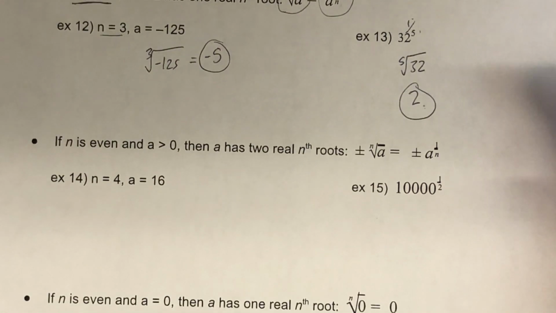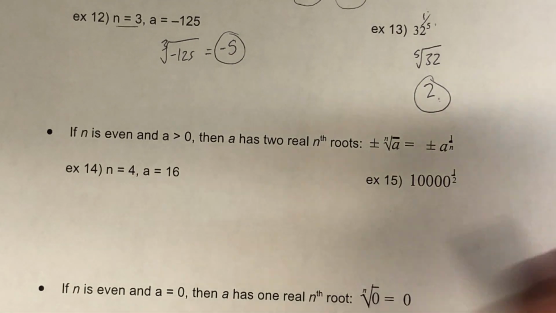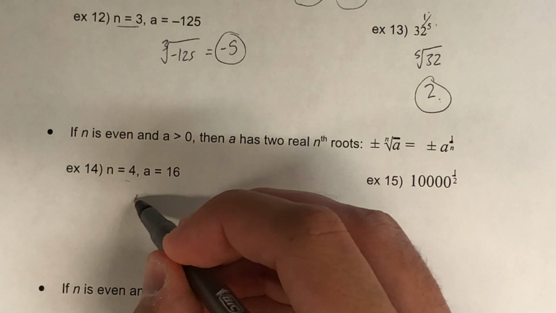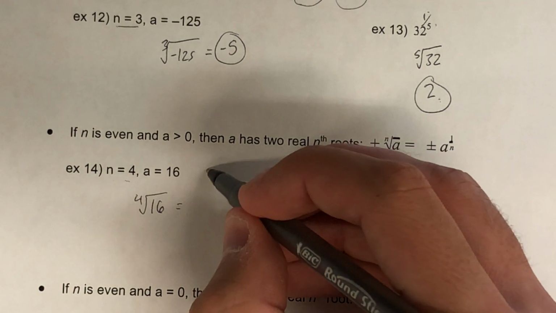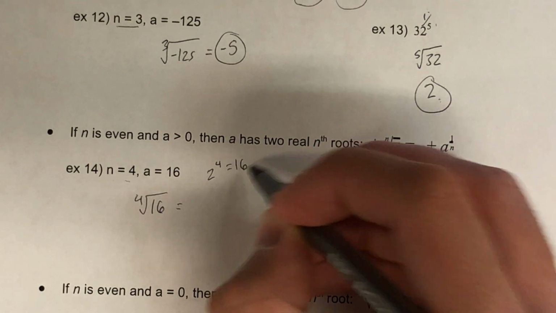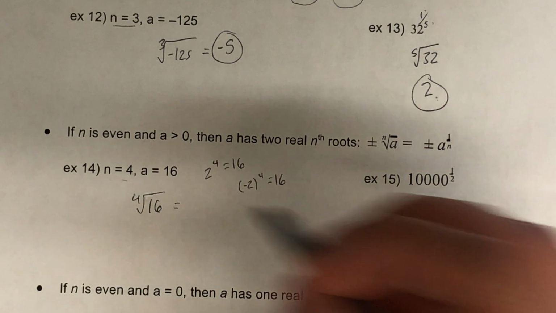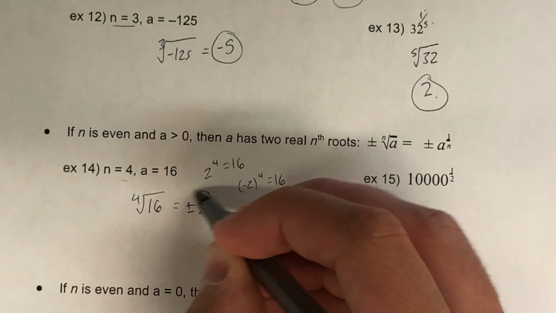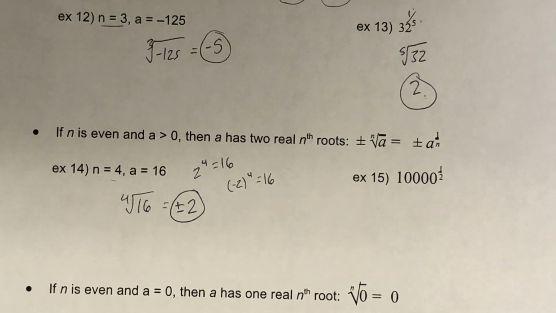Whereas if you have an even root, then you always have 2 possible solutions. So like here, if we have the 4th root of 16, notice both 2 to the 4th is 16, but so is negative 2 to the 4th. So our solution would be both positive and negative 2. Same follows over here.